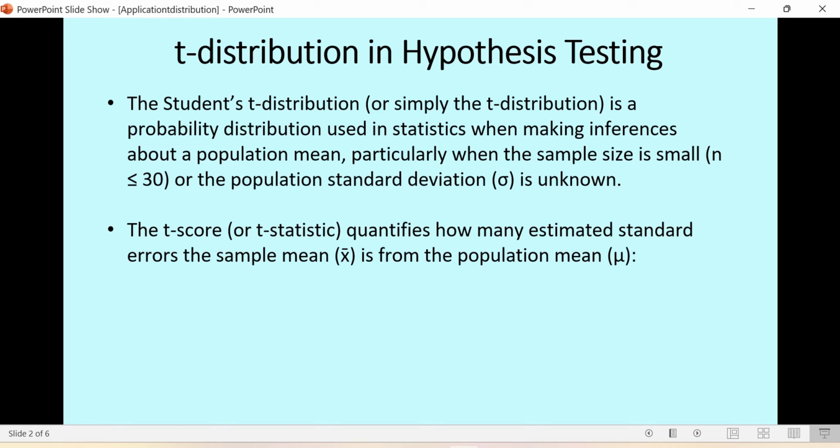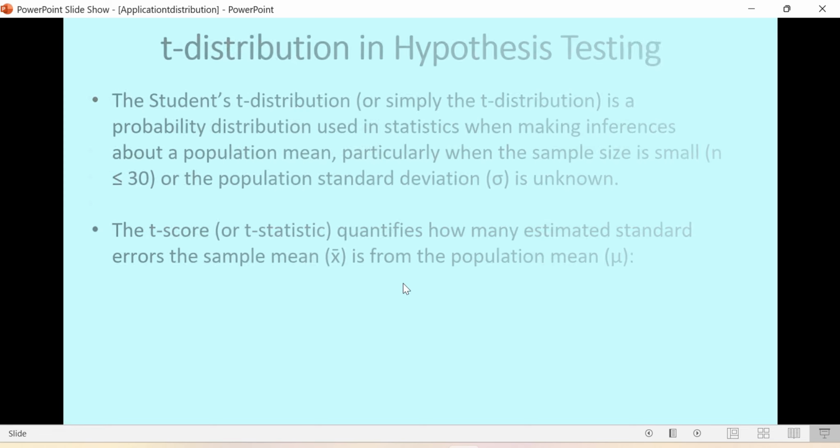But if the sample size is less than 30 and we do not know the standard deviation of the population, then we can use the t-distribution, because we want to use the standard error from the sample in the t-statistic.